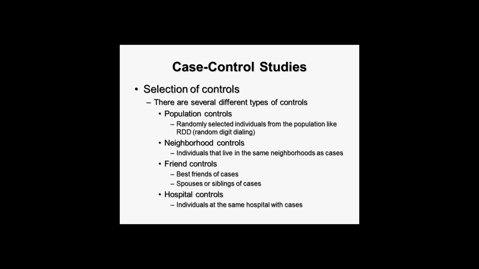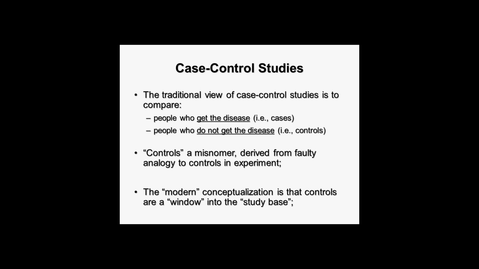An example I'll give in just a little bit, we'll see coffee and pancreatic cancer, with controls who didn't have pancreatic cancer but went to a GI doctor, and as a result they had some other sort of disease that prevented them from drinking coffee, for example, so their exposure was a little bit different right there.